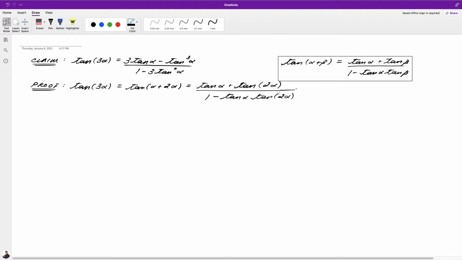We just used it. I could use it again right here if I so choose. So let's do that. It's going to give us tangent of alpha plus, and I'll set it up first, tangent of alpha plus alpha, and then here we're going to have 1 minus tangent alpha, and then tangent of alpha plus alpha.